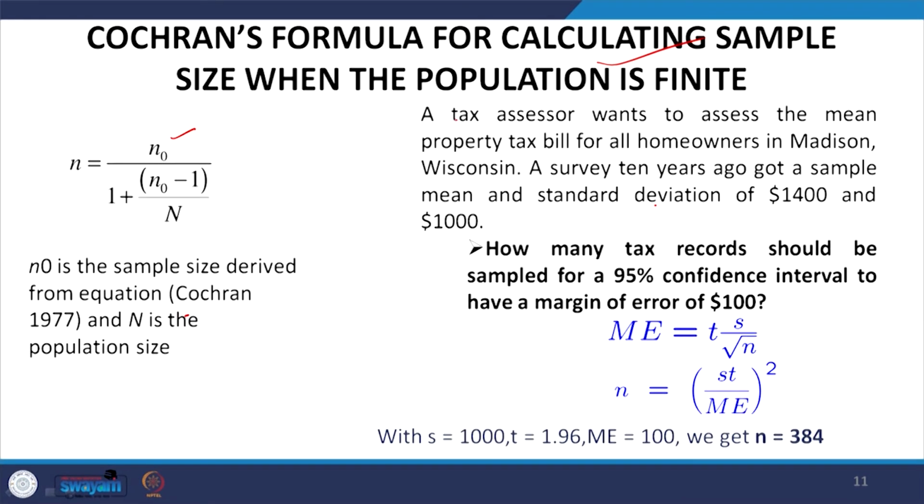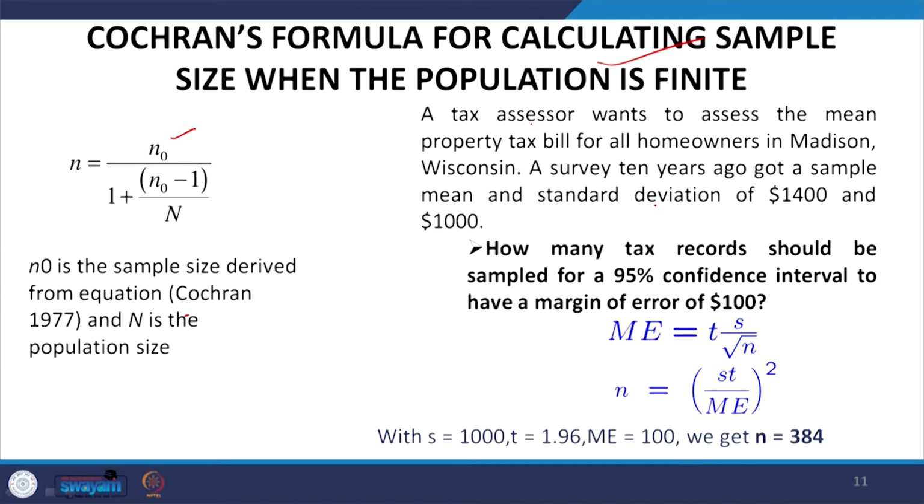The example is: a tax assessor wants to assess the average property tax bill for all homeowners in one town, let it be Madison. A survey 10 years ago got a sample mean and standard deviation of $1,400 and $1000 respectively.